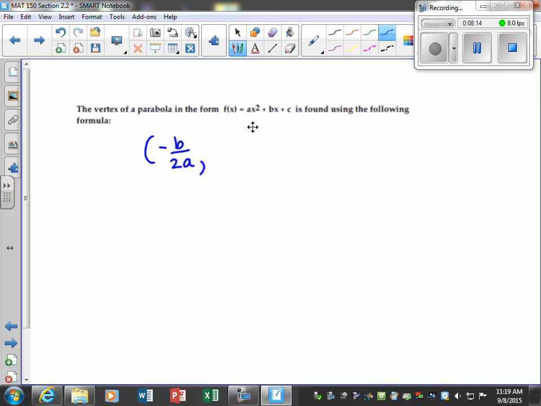Whatever you get for this x value, you plug it back into the function and evaluate, and that will be your y value. That gives you your ordered pair vertex. This will give you your x value. Whatever answer you get for this, if you plug it back into the given equation, that's going to be your y value. That's what this means.